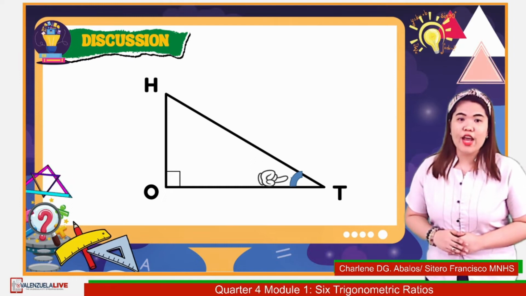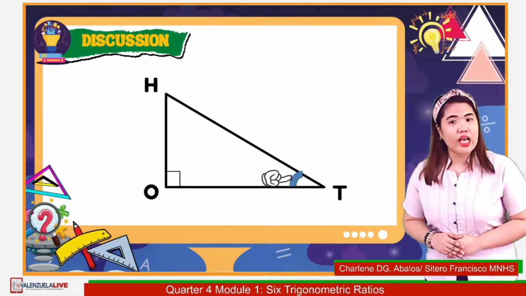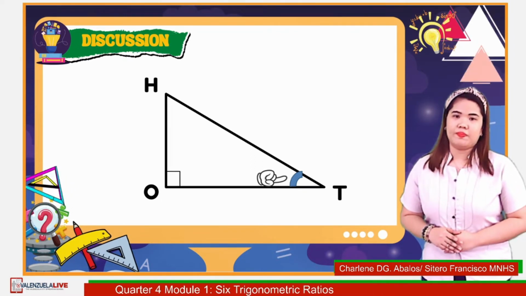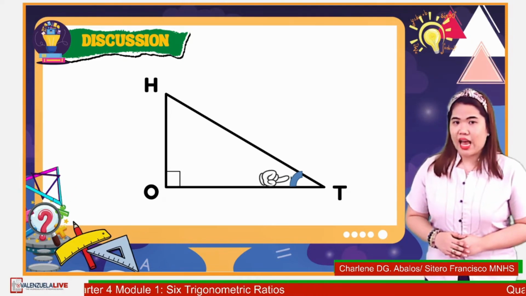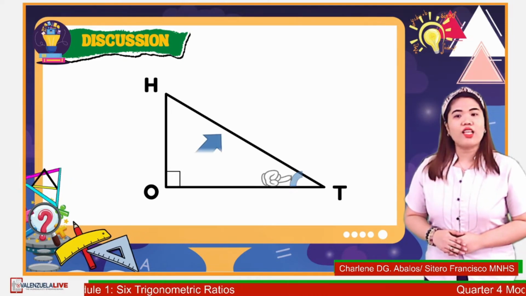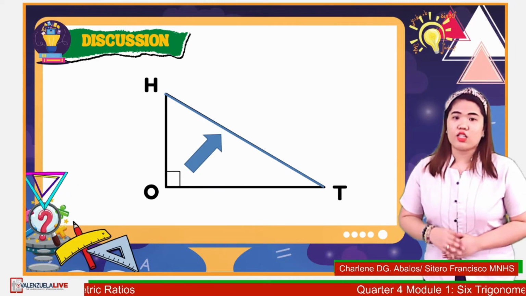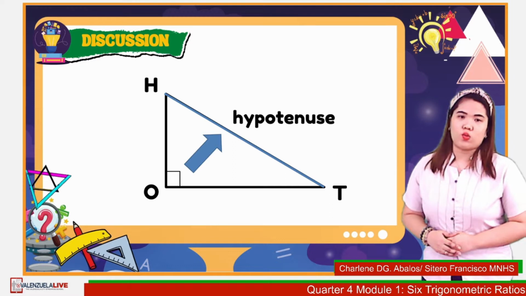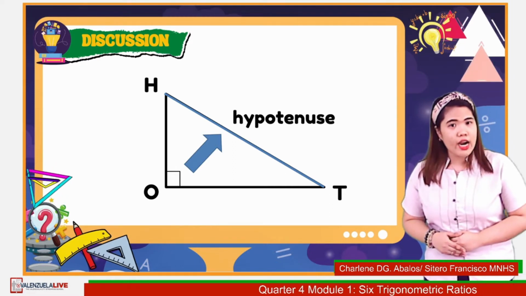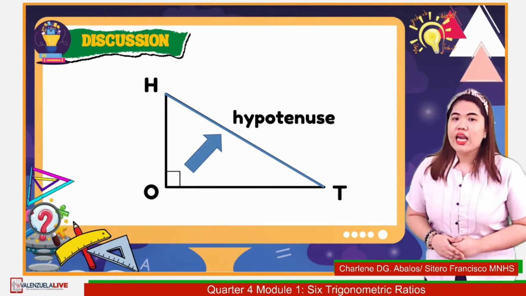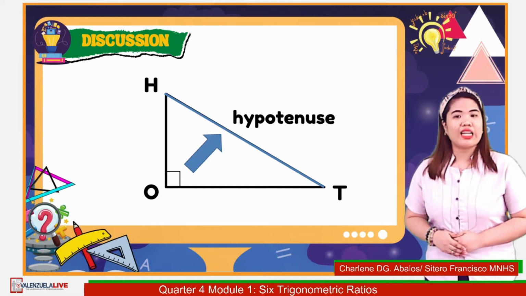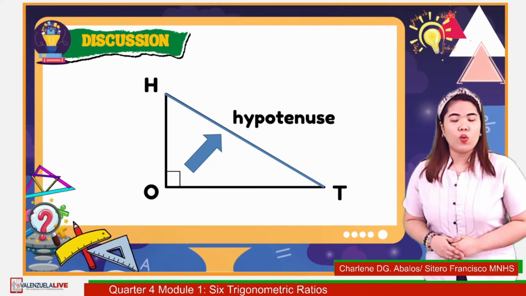Angle T is one of the acute angles in triangle HOT. The longest side, the side opposite the right angle O, is called the hypotenuse. Therefore, segment HT is the hypotenuse of triangle HOT.